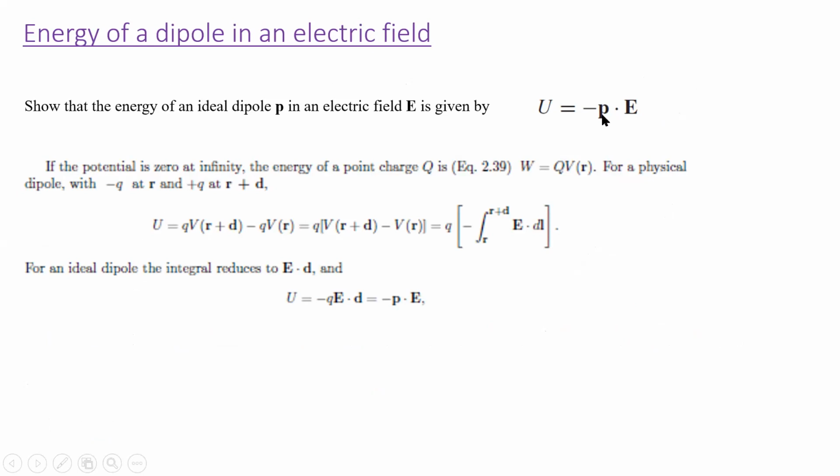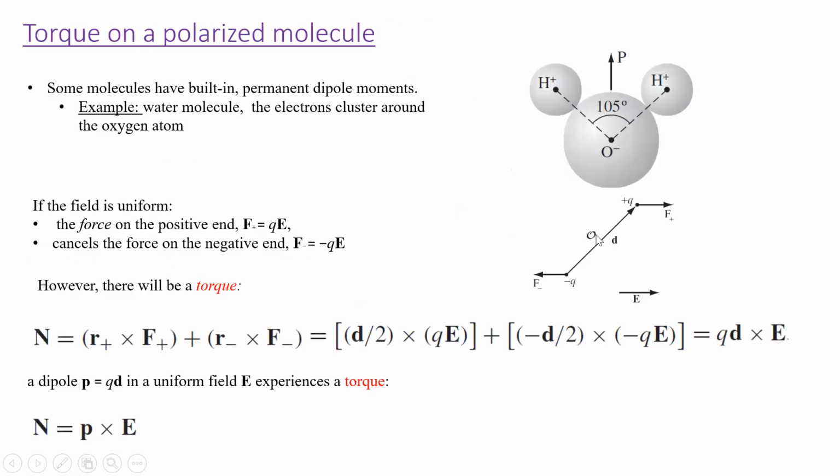Okay? So let's think about that for a second. Here is the dipole moment, which goes along the diagonal here, dot product with the electric field. Right now those two are nearly aligned, or somewhat aligned.